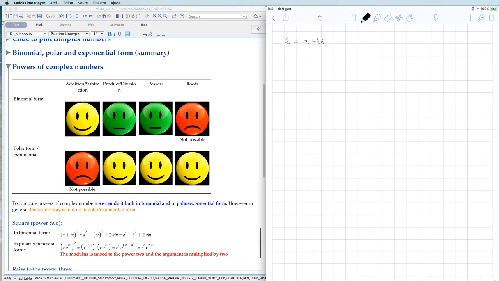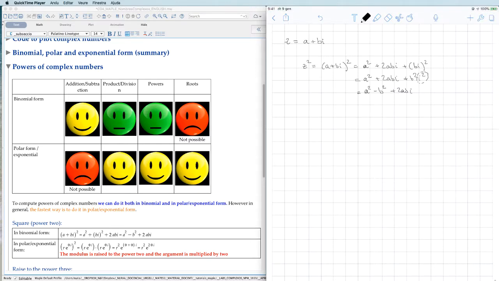In this case, we can compute its square by just using the same formula that we use for real numbers: a squared plus 2abi plus b squared i squared. I squared is minus 1, so we get a squared minus b squared plus 2abi. So in binomial form, we can compute powers.